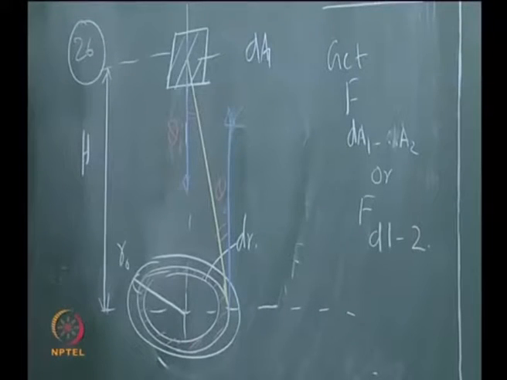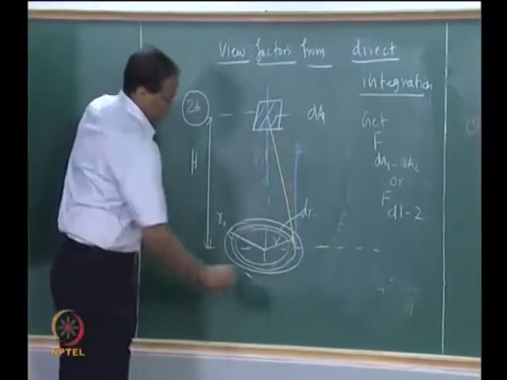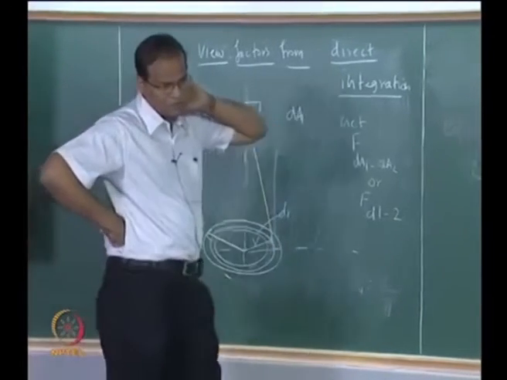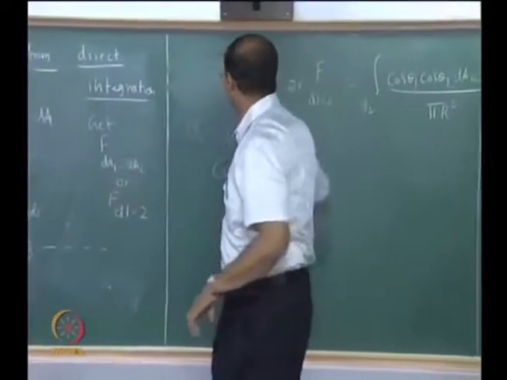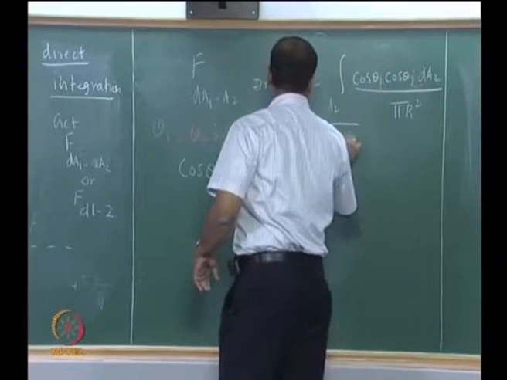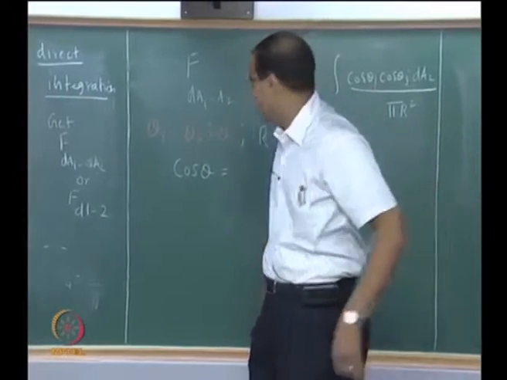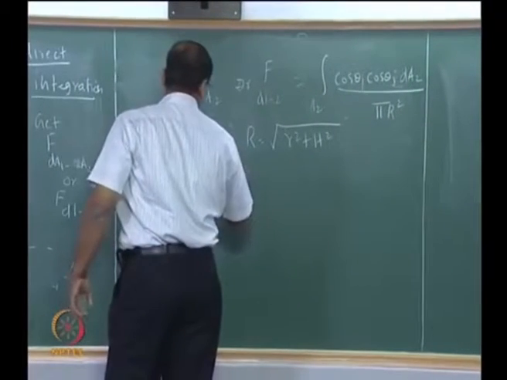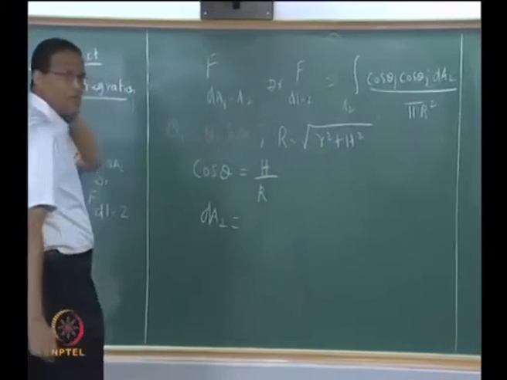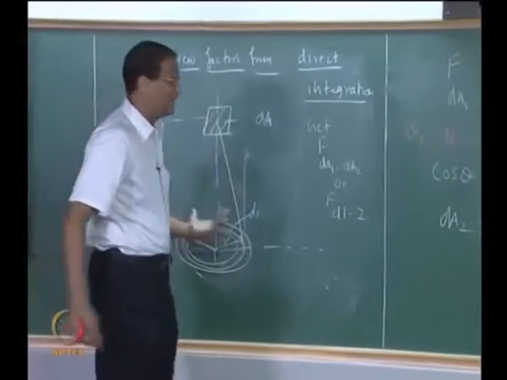Cos theta equal to h by capital R, very good. dA2 equal to 2 pi R dr, very good.